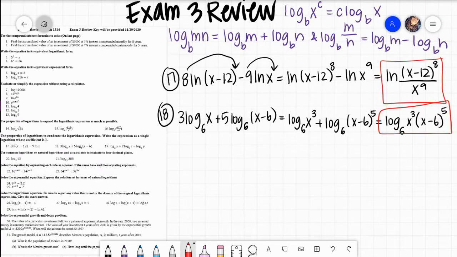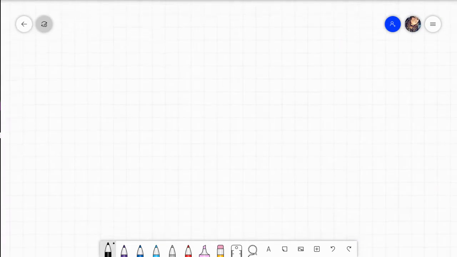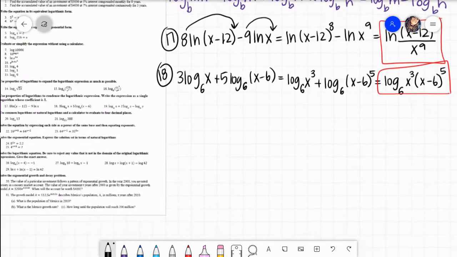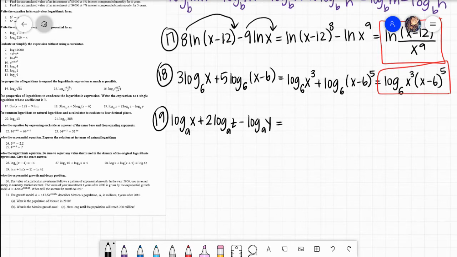Okay, let's look at problem 19. Problem 19 is log base a of x plus 2 log base a of z minus log base a of y. What I'm going to notice here is that I do have two different operations.